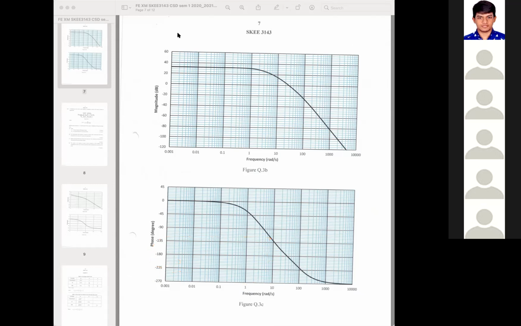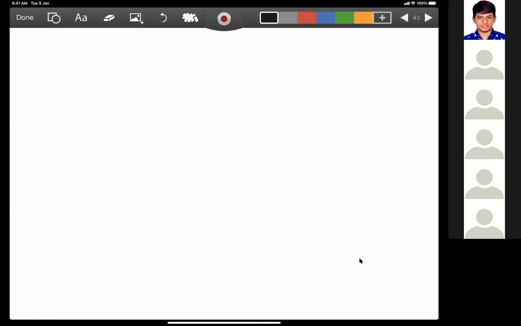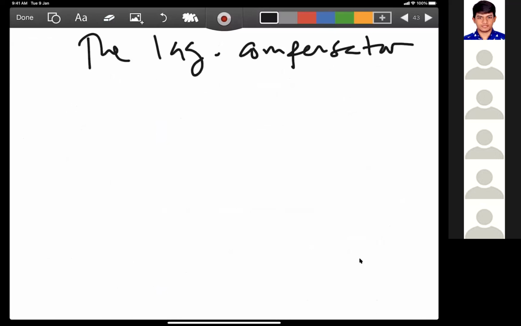So 9 radian per second. So the lag controller, or I usually call it lag compensator, here is 9 radian per second. So one decade before is 0.9 radian per second.